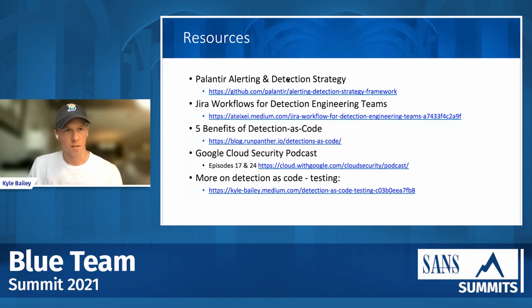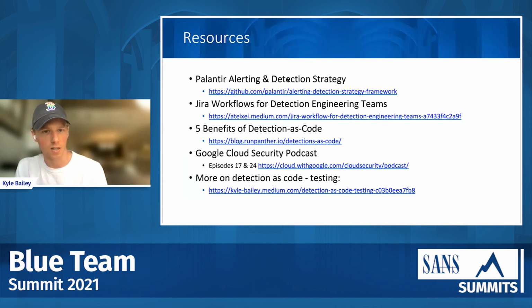I listed a couple of resources here. The Palantir alerting and detection strategy, I think, is a great place to start. Like I said, this is also the link to the Jira workflows for detection engineering teams, which is great. Some conversations on detection as code: the Google Cloud Security podcast has had some good conversations on detection engineering, with a lot of theoretical thought about what makes a detection engineering team run most effectively.